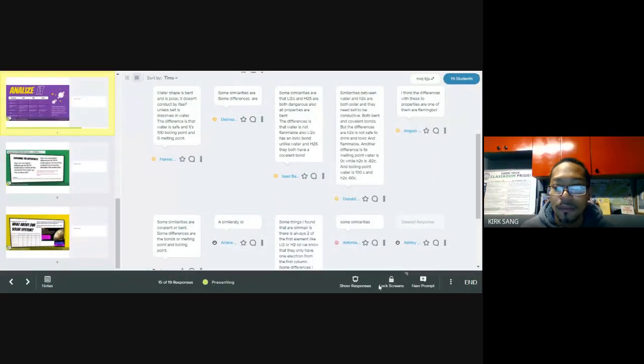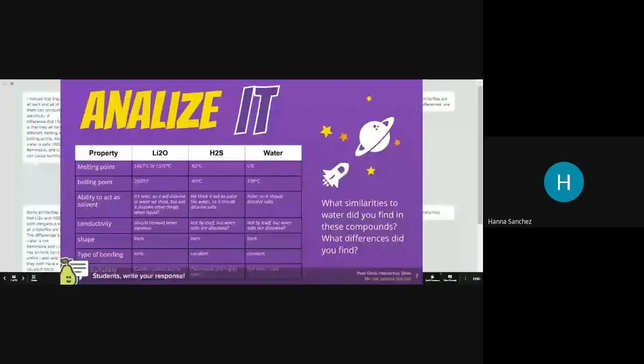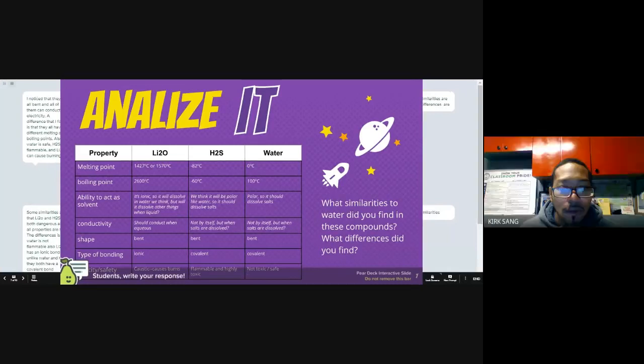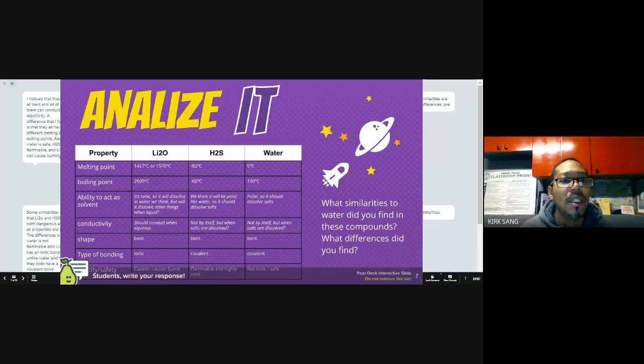Yeah, just give me a second. Yep, sure. That the shape is bent. Ah, the shape is bent. So are they both bent, all bent?